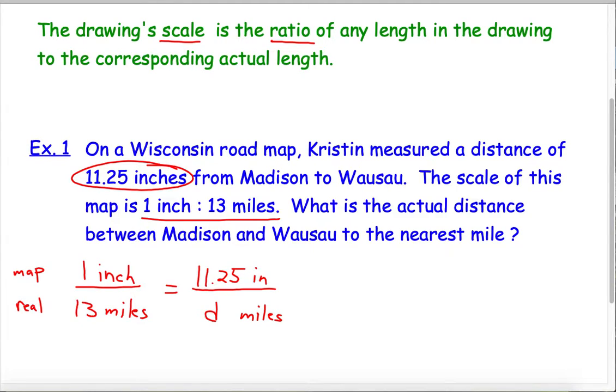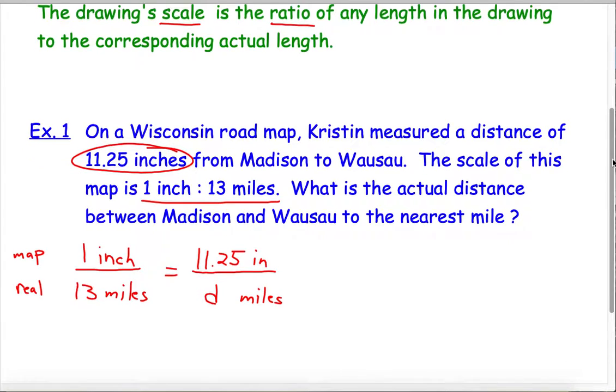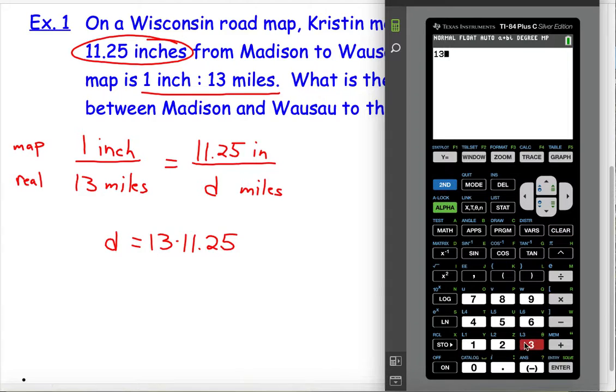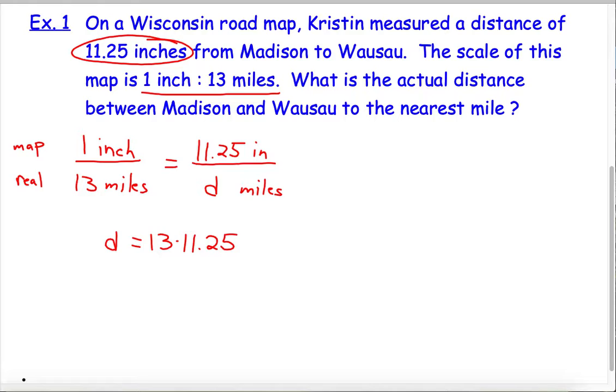And now we just treat it like every other proportion. We cross multiply and solve for the missing variable. So we have 1 times D equals 13 times 11.25. And grab a calculator if you like. 13 times 11.25, and you get 146.25 miles.